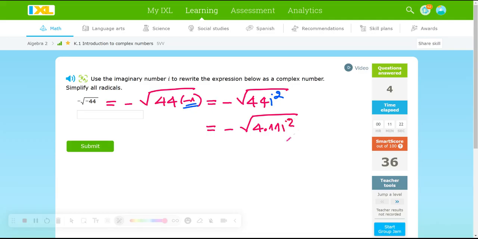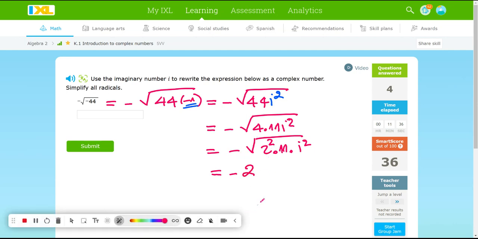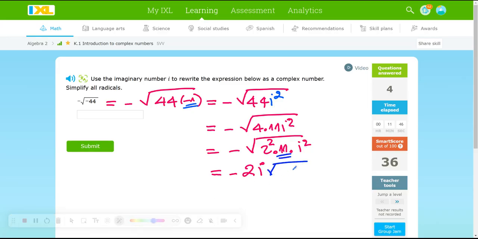Okay? So here we go. 4 is 2 squared. Okay? So now you simplify. Negative sign already outside. 2 squared, when you go outside, you have only number 2. And then i squared inside the square root, when it goes outside, it's only i. So you can see 11, you cannot simplify, so it's still stuck inside.